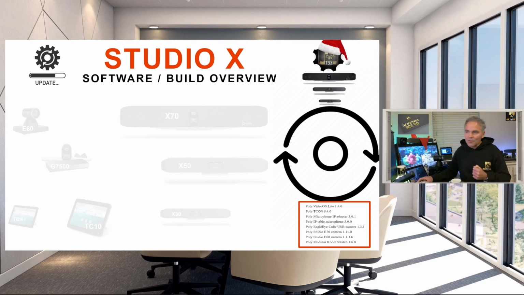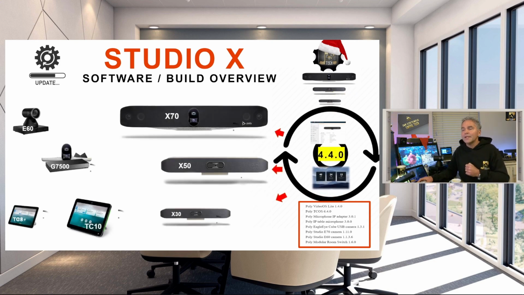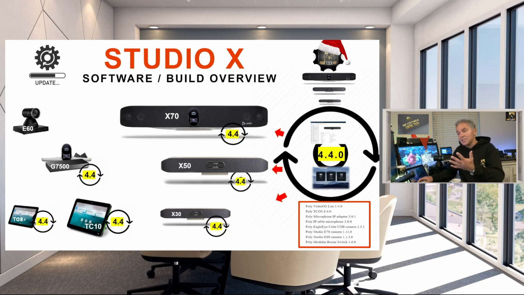Now, looking at the overview of all the builds and software that we have. If you look at 4.4, it delivers to the first generation, so the X30, X50, G7500. Inside the package, we also have the option to upgrade the cameras.